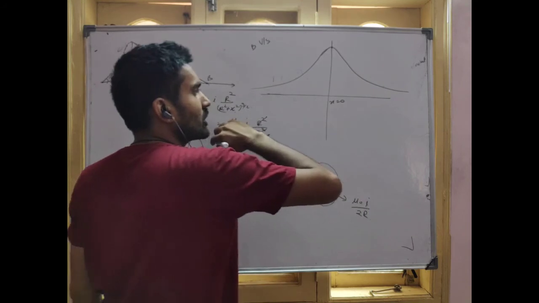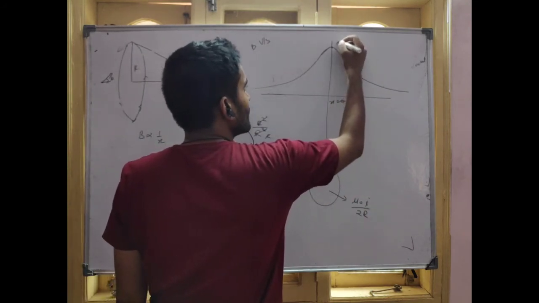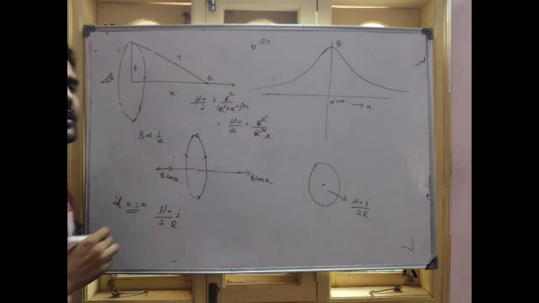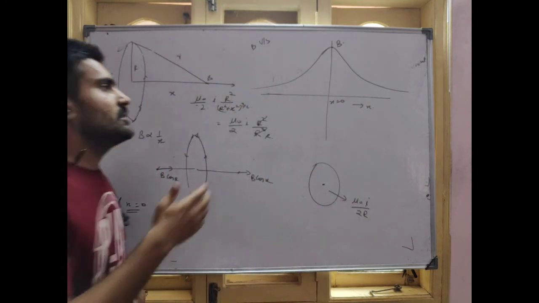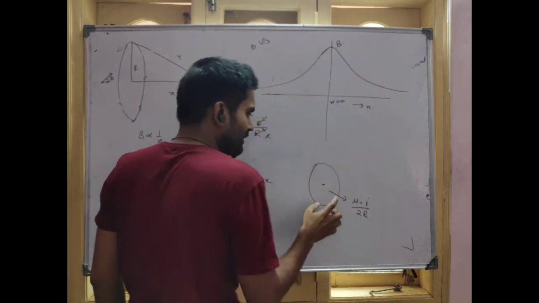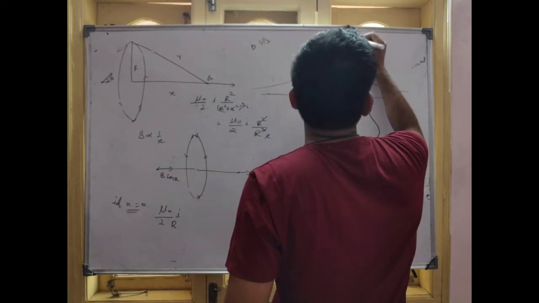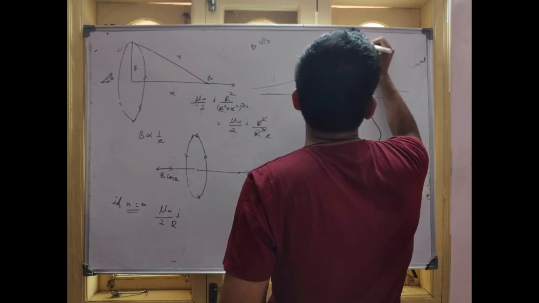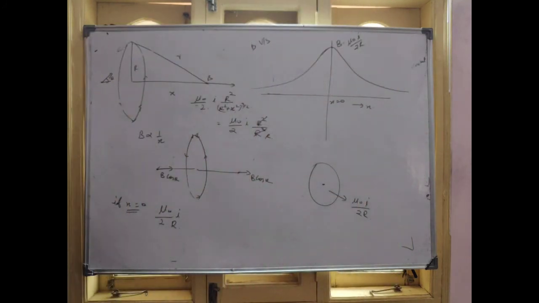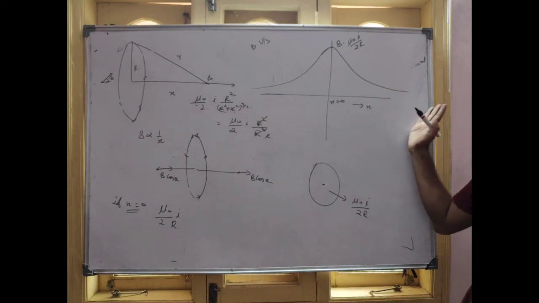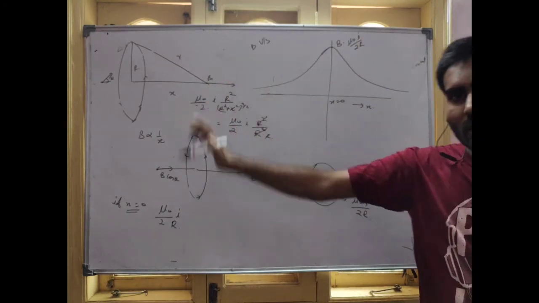Are you getting my point or not? So this is the field, this is X. Is the point clear? Tell me. How do we make this graph? At the center it will be maximum, mu naught I by 2R. As we move away from the loop, it will keep on decreasing.